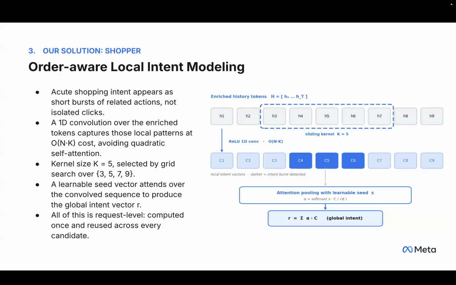Based on some research, we found that a window of optimal size works best. We also have a learnable seed vector that attends over the provisional sequence to produce the global intent vector R. All of this is request level, meaning we can do this only with the user information.